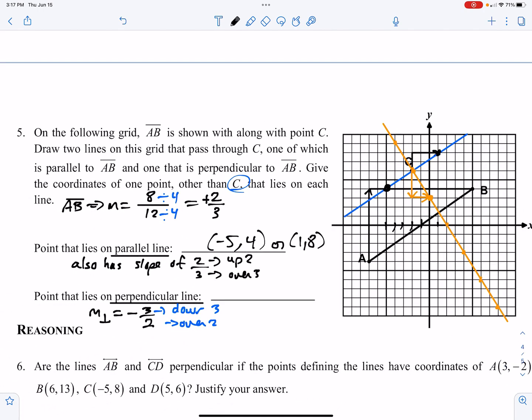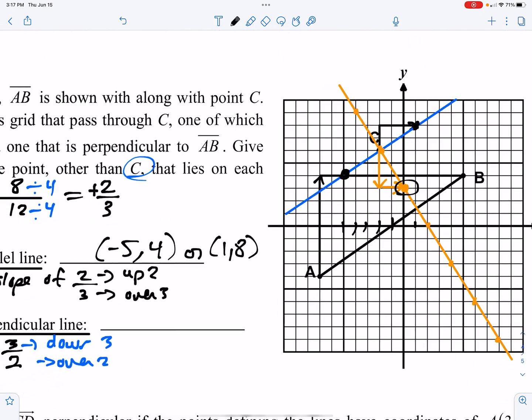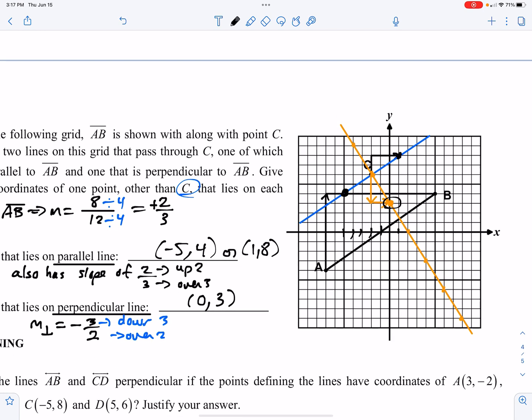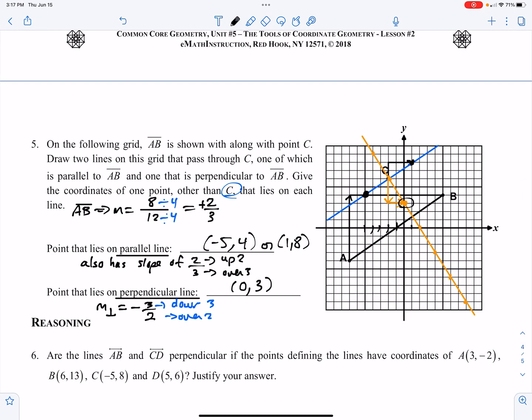For the perpendicular line, one point that stands out right here is that y-intercept of 0, 3. And again, there are several other points too. But we wanted one line that was parallel with the same slope and one line that was perpendicular with a negative reciprocal slope.